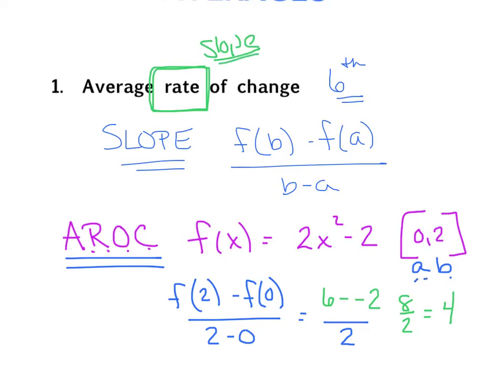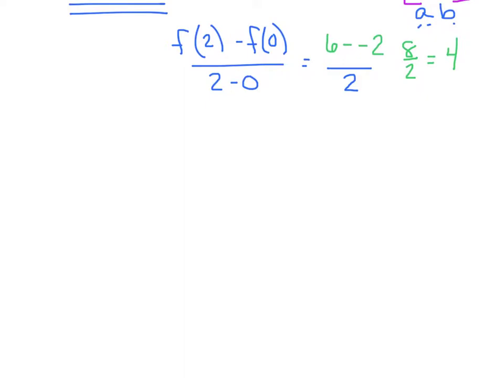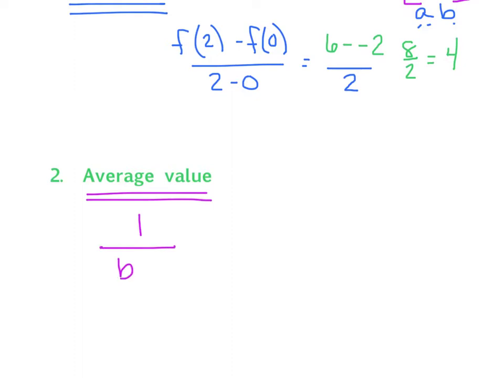All right, now let's move on a little. The second average type thing we've mentioned is what we refer to as average value. Okay, now this is different from average rate of change. The average value formula was our 1 over b minus a integral a to b of f of x dx. Now I think the average value theorem makes a lot of sense, and hopefully you would agree.